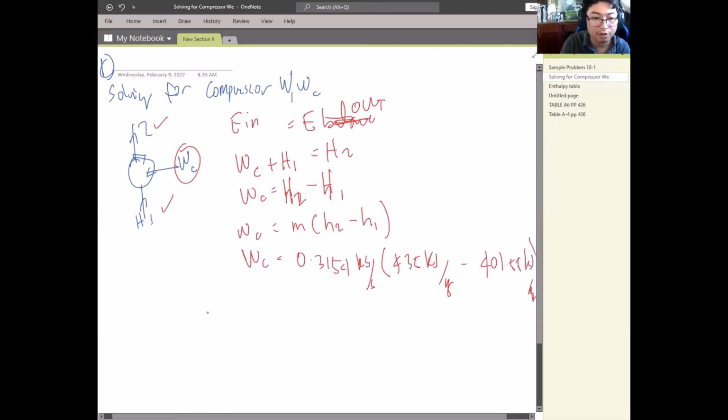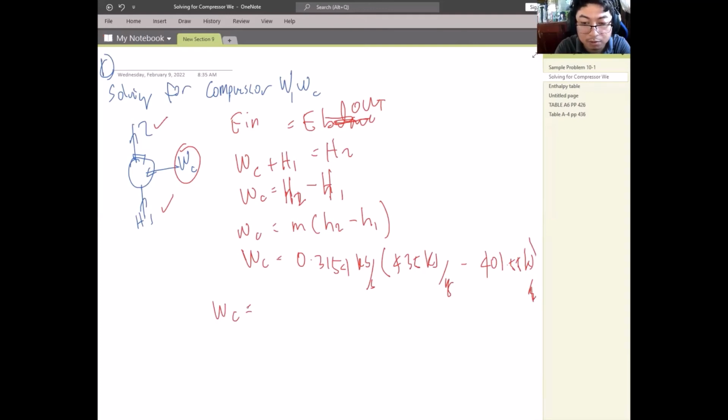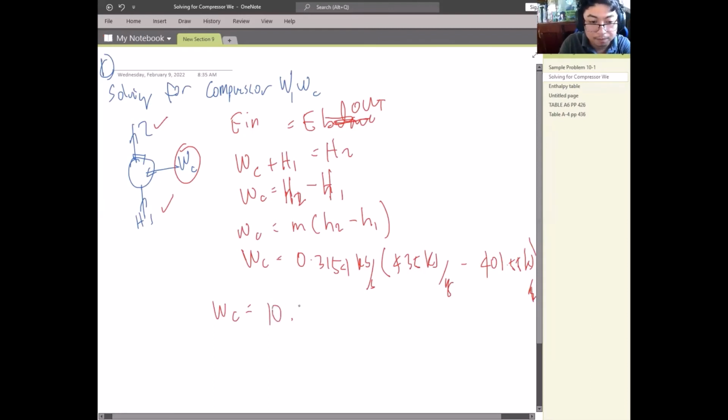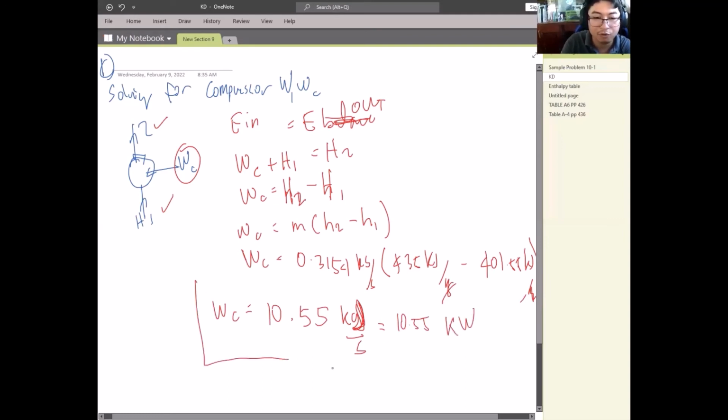So the work of the compressor is 10.55 kilojoules per second, or 10.55 kilowatts.